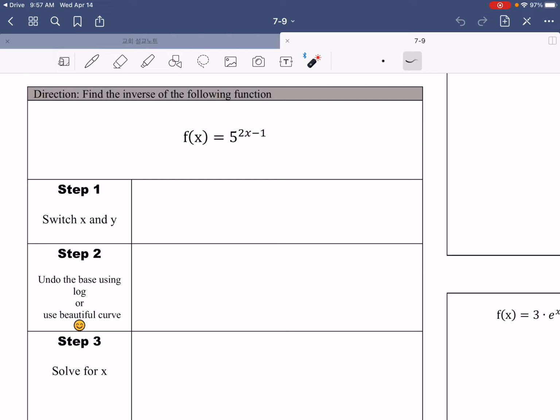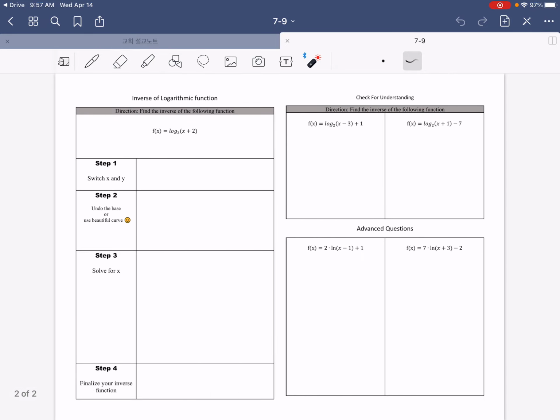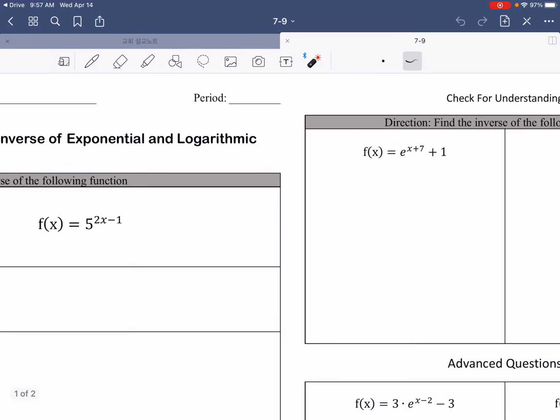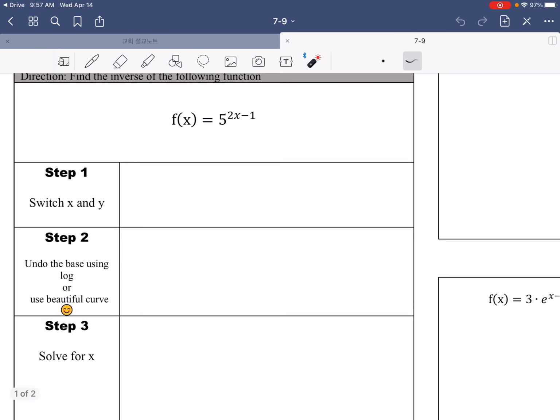It's so easy to make a mistake because what you have to know is that the inverse of exponential is going to be logarithmic, and the inverse of logarithmic is going to be exponential. Okay, so let's get started.